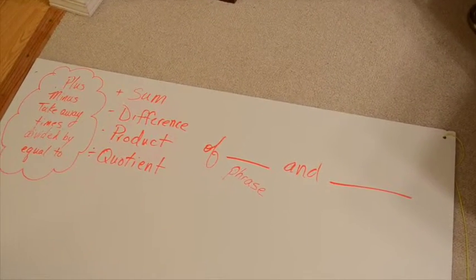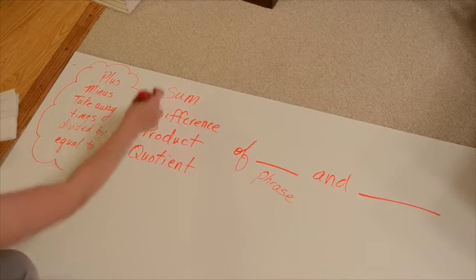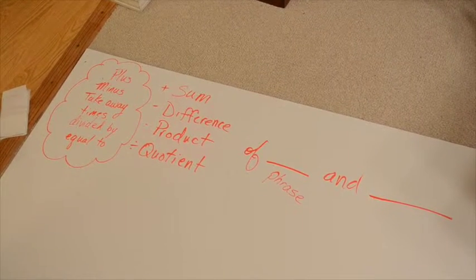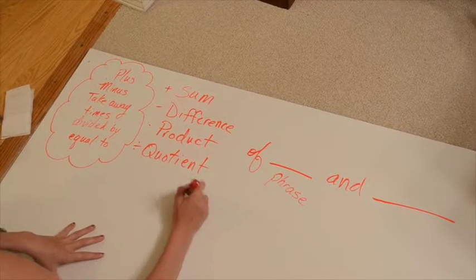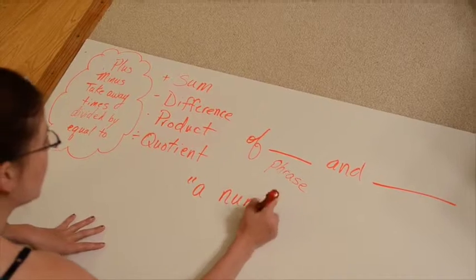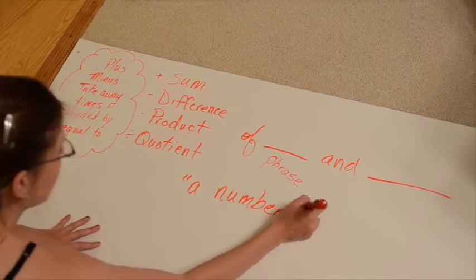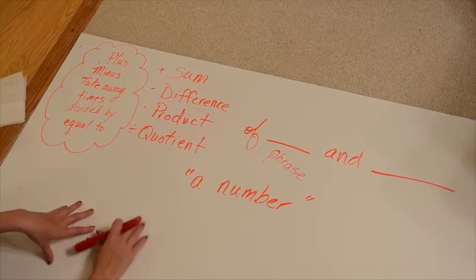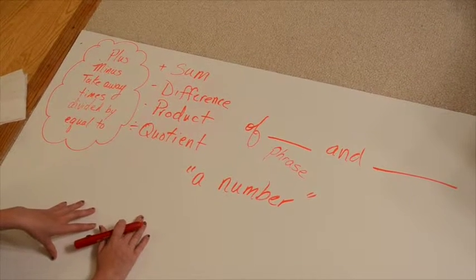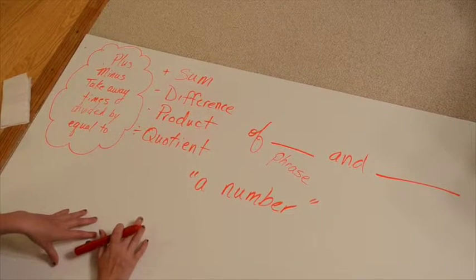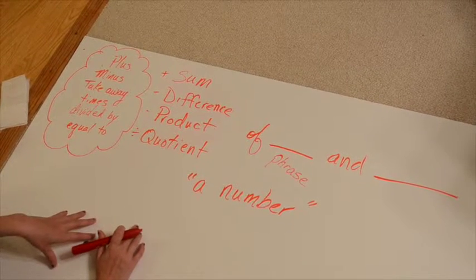For example, it could be of another one of these words, or it could also be a number or other phrases. Speaking of a number, whenever a problem mentions a number, but not what the number is, you should use a variable. Any of the alphabet works. X is usually picked on, but it doesn't really matter.